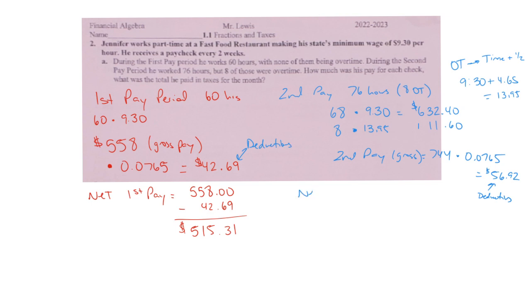So his net second pay is going to be $744 minus $56.92. So I'm going to get $687.08. So his second pay, his net second pay is going to be, not net, I'm going to say, we'll say take home.